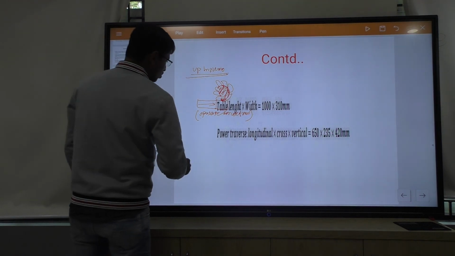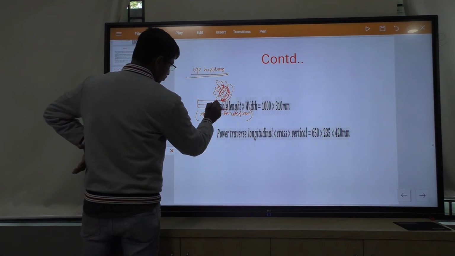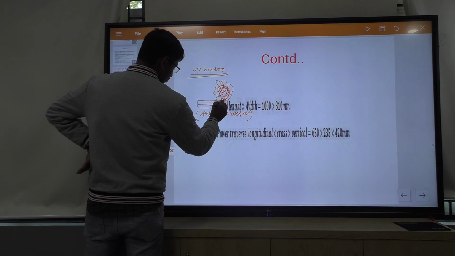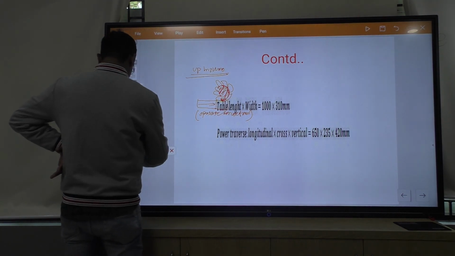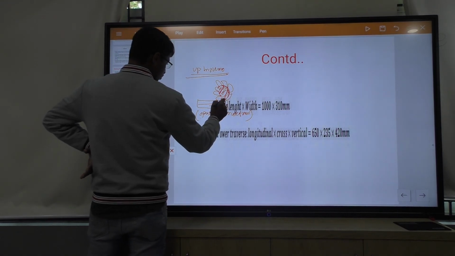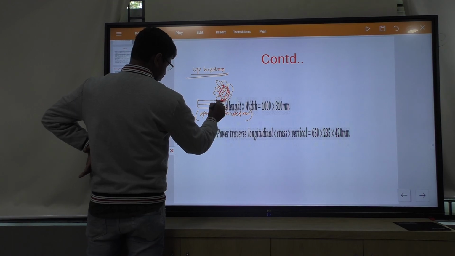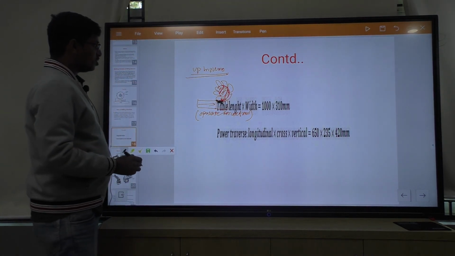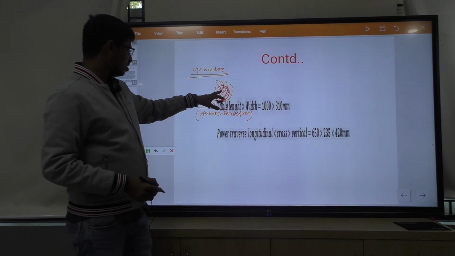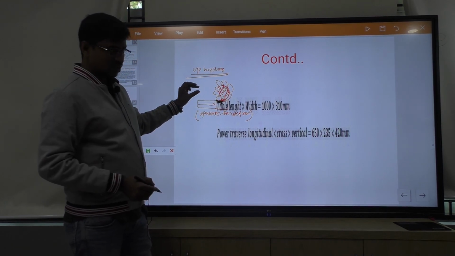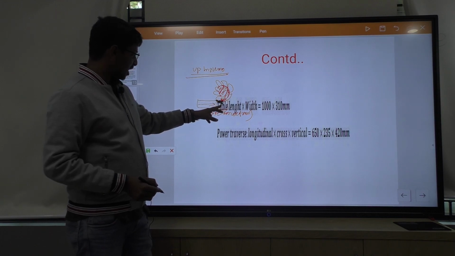In up milling, at the starting point, when the cutter teeth and workpiece first come into contact, there is a heavy chip thickness.